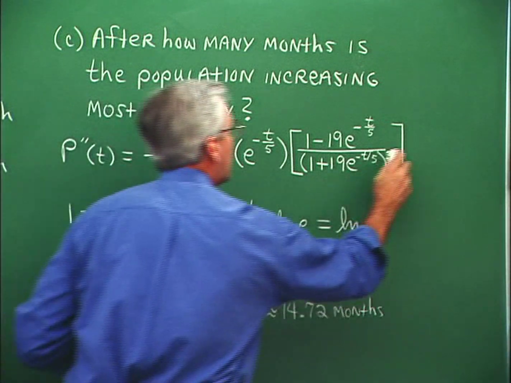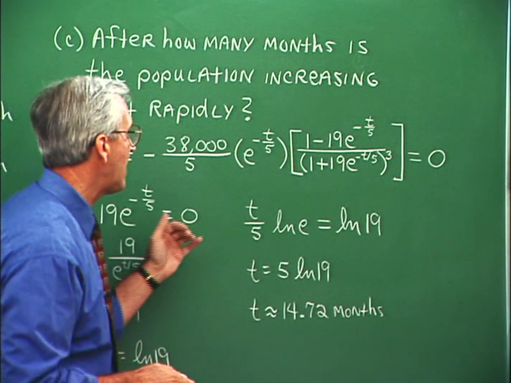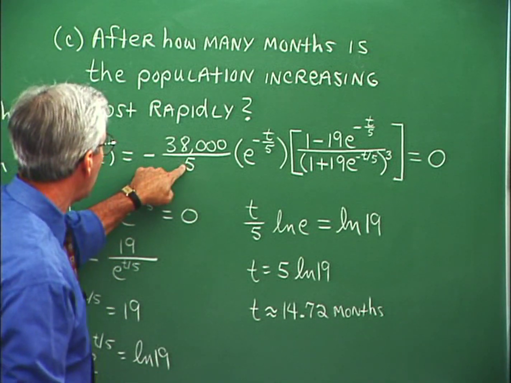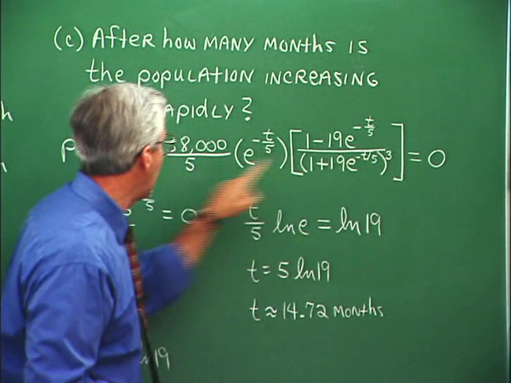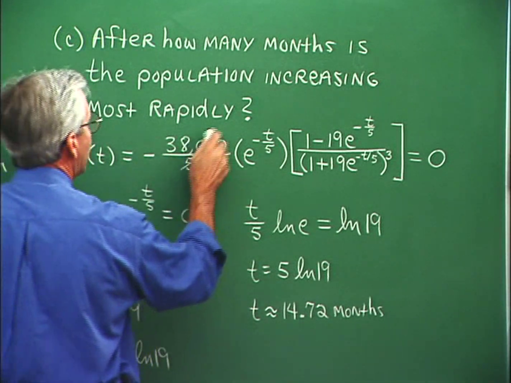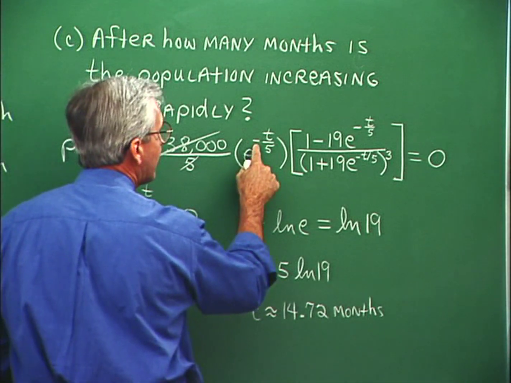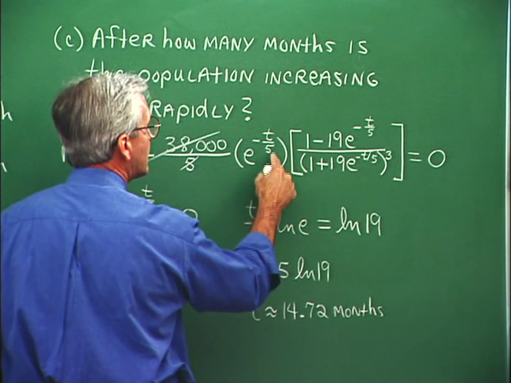When we set it equal to 0, look at the nice things that happen. I can multiply on both sides by 5, and this 5 goes out. I can divide on both sides by negative 38,000, and this goes out. Now, this negative exponent is 1 over e to the t over 5.